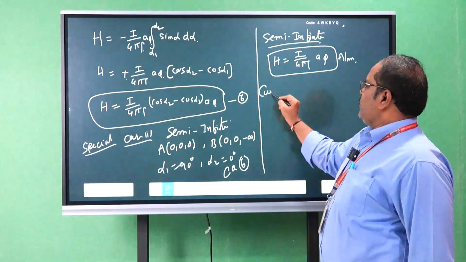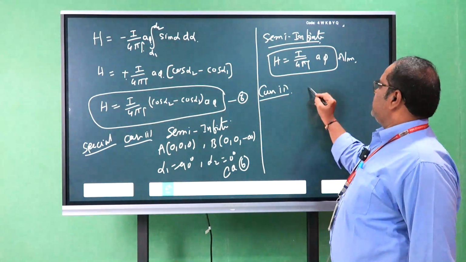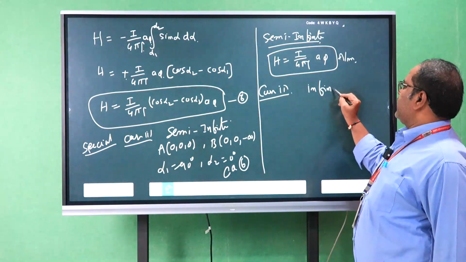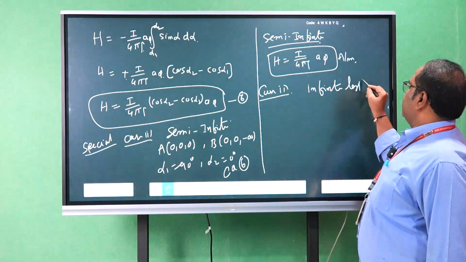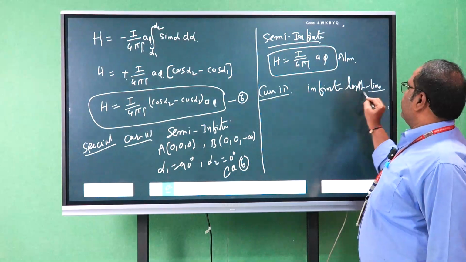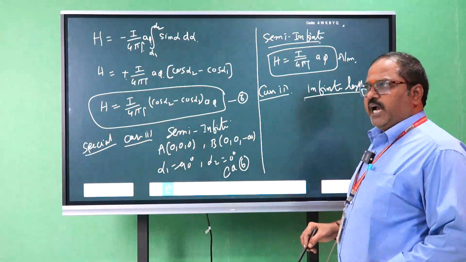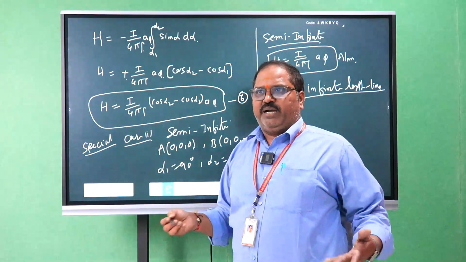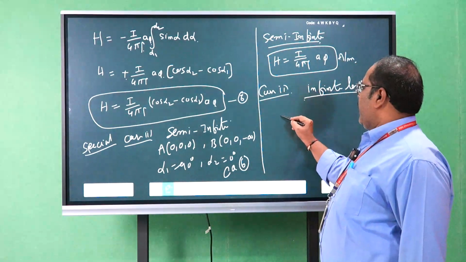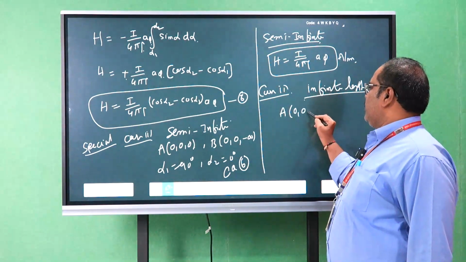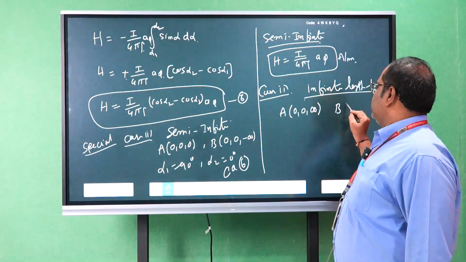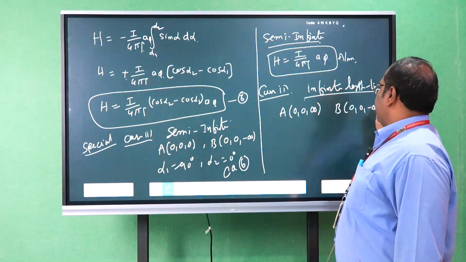Case 2 is the infinite length line. For the infinite length line, point A is 0, 0, infinity and point B is 0, 0, minus infinity.